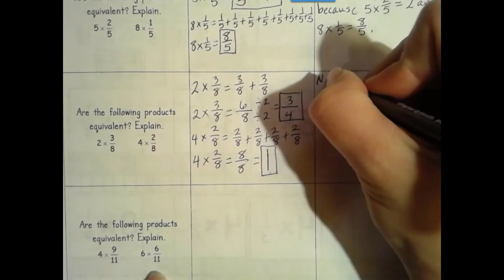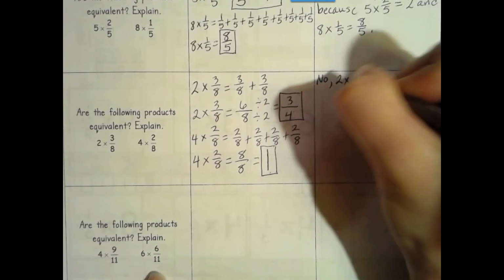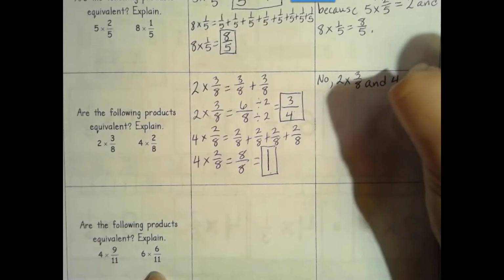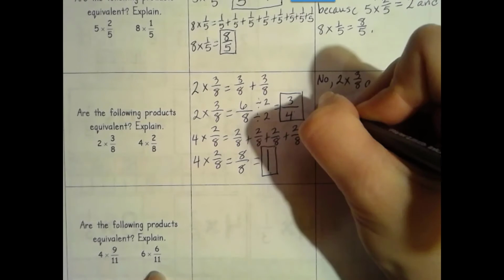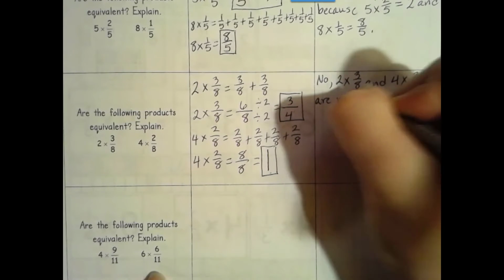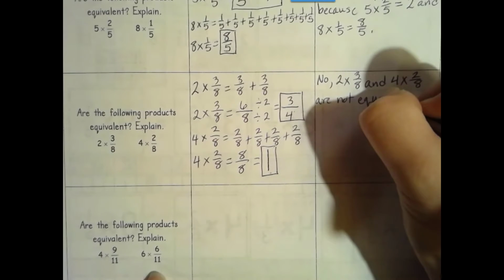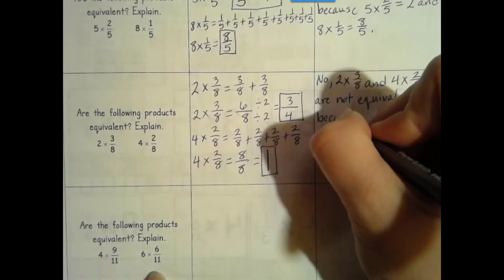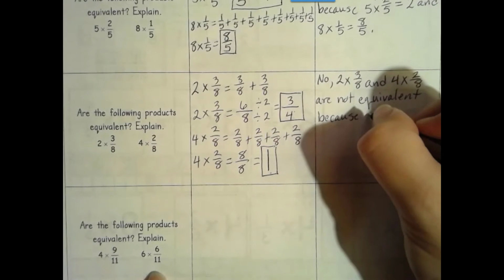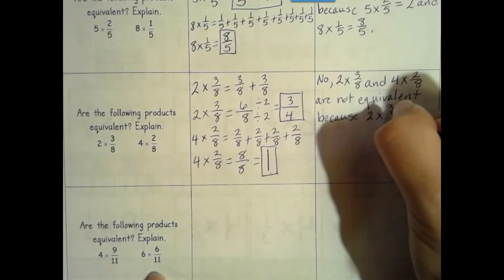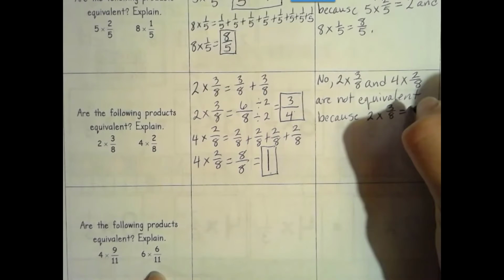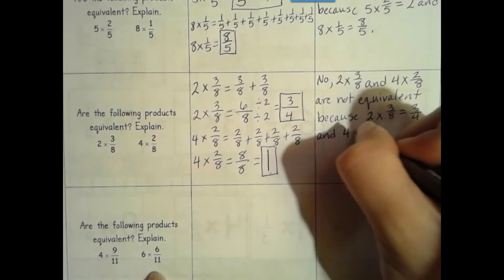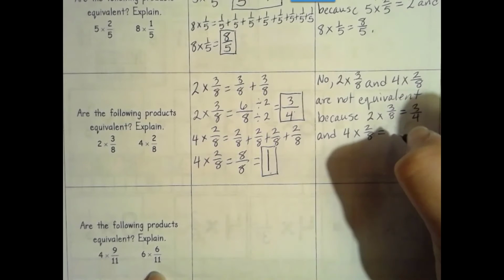Our claim, no. 2 times 3/8 and 4 times 2/8 are not equivalent because 2 times 3/8 equals 3/4, and 4 times 2/8 equals 1.